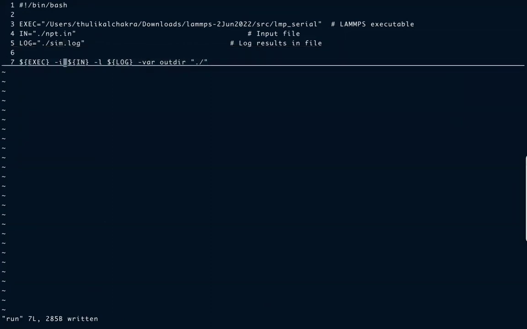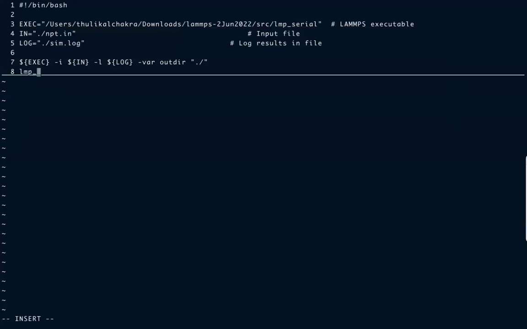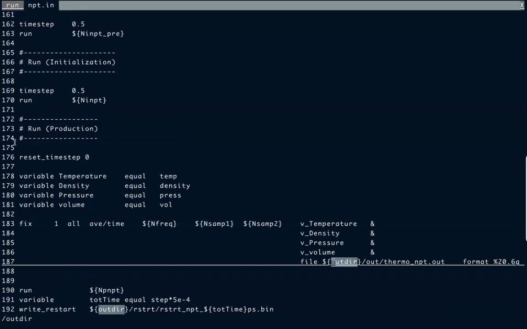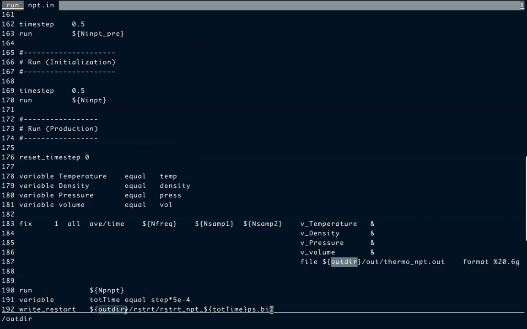If you substitute all of these together, it basically means lmp_serial -i npt.in -l sim.log -var outdir, and outdir is just the variable that I used in the npt.in. You can see that I've specified somewhere that all of the file locations should be in outdir, and this is how I specify that.